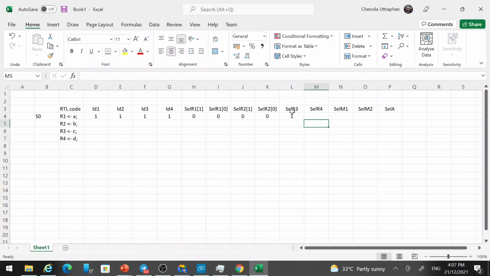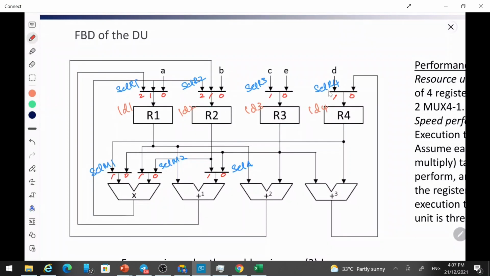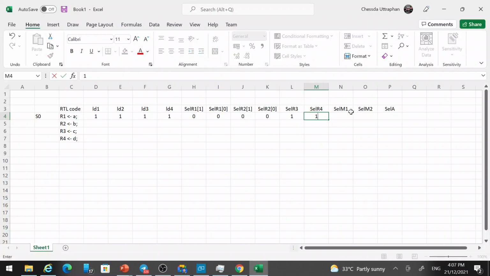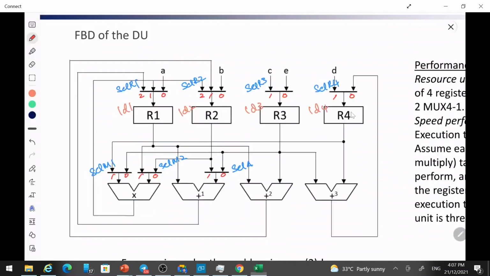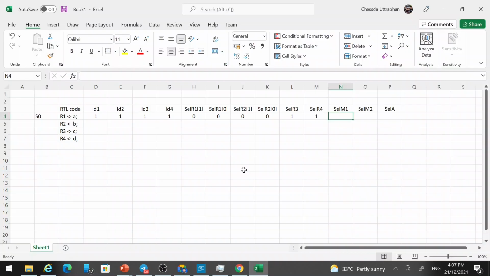SEL R4, because we want to select D, is 1. SEL M1, M2, and SEL A, we actually don't care about, so make them 0. So that is the signal that we need to activate at S0, such that this operation can be done.